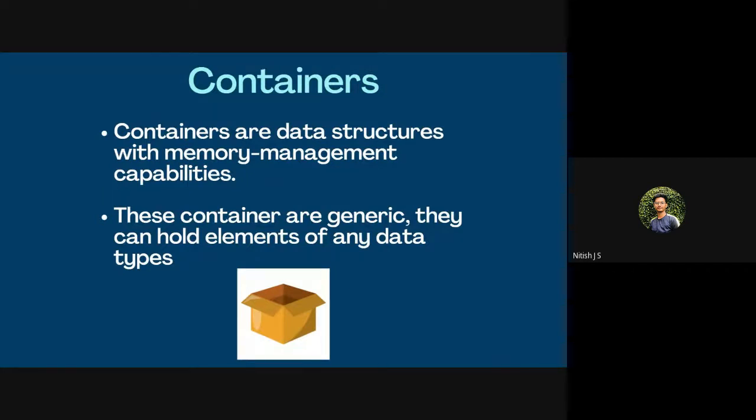That's what STL containers do. And as I said earlier, the main idea of STL is generic programming. So the containers are also generic. They can hold elements of any data type. For example, you can create a dynamic array called vector, which can store integer data type or float, or it can even store vector of vectors also.